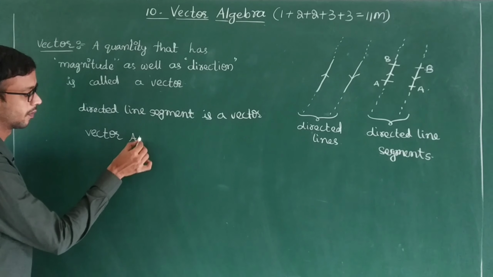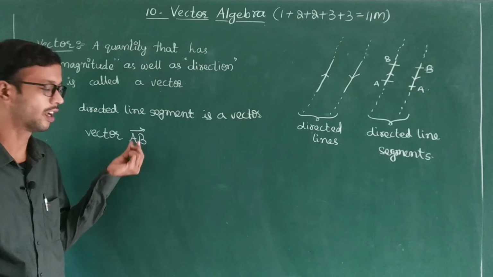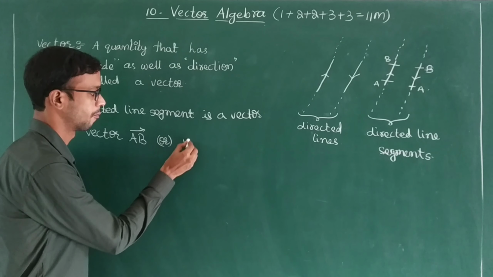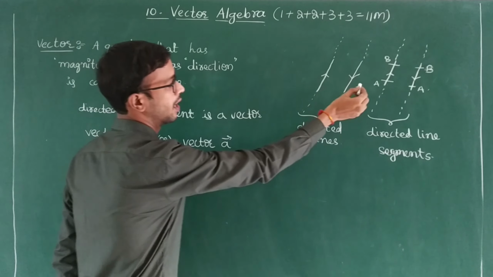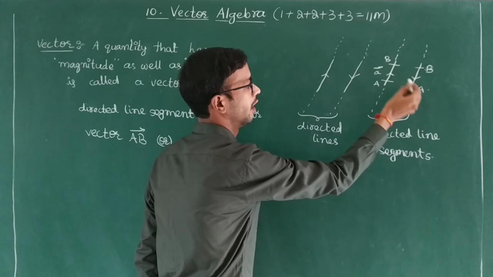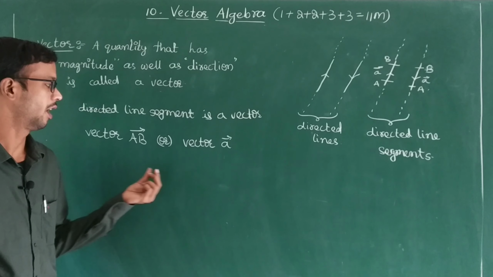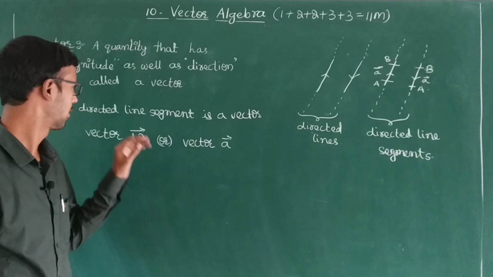Vector AB will be indicated by AB bar, or vector A will be written with small letter A bar. Vector AB bar, vector A bar.